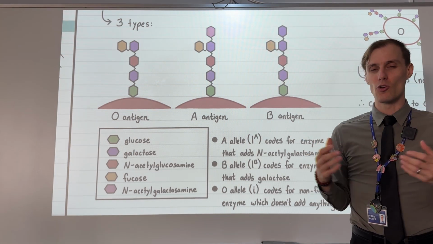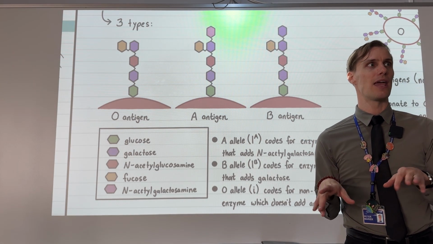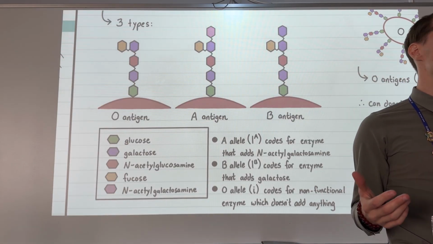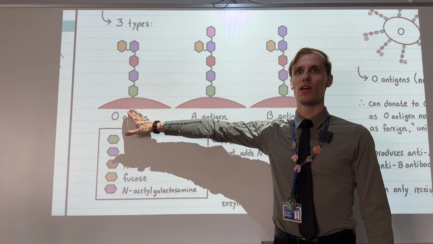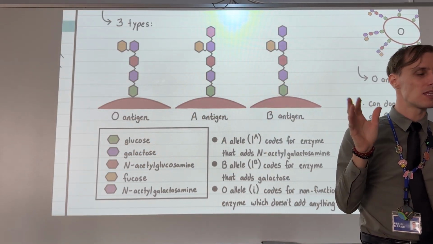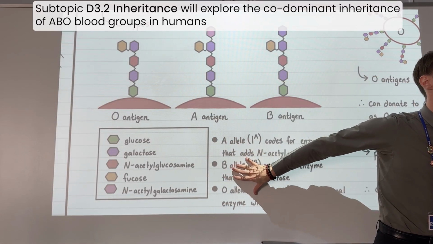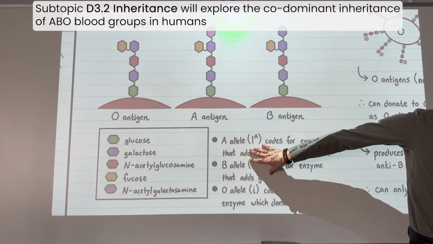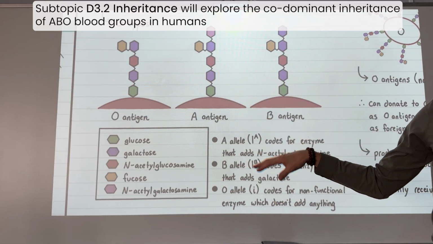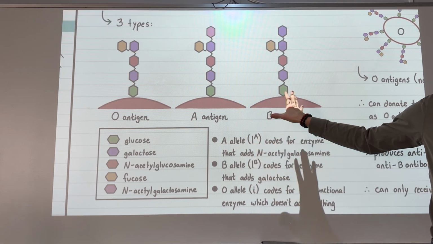So this is why you'll normally see something like O has no antigens, A has A, and B has B. But O does have glycoproteins, but they're effectively the same base as both A and B. So just keep that in the back of your mind. We'll be looking at this when we do genetics more. It's not a learning outcome yet that you understand the genetic transmissibility of these blood groups. We will be exploring this when we do genetics, but I wanted to include it here just as an aside.